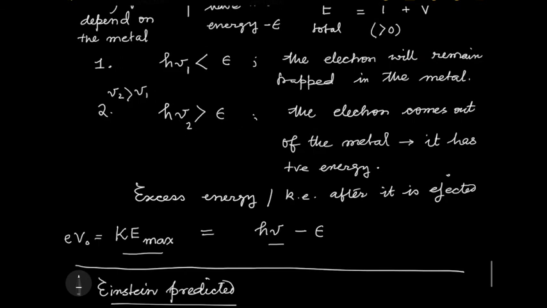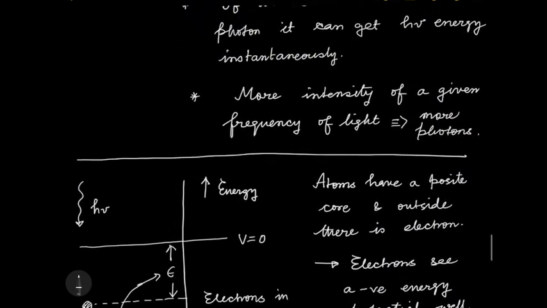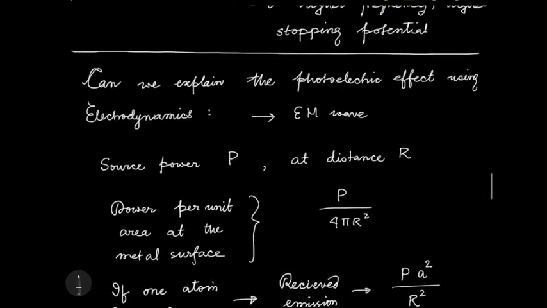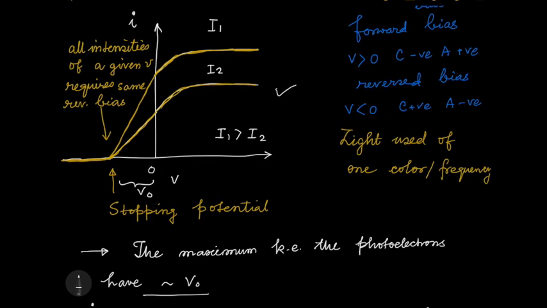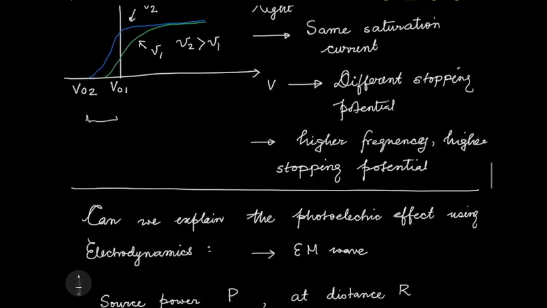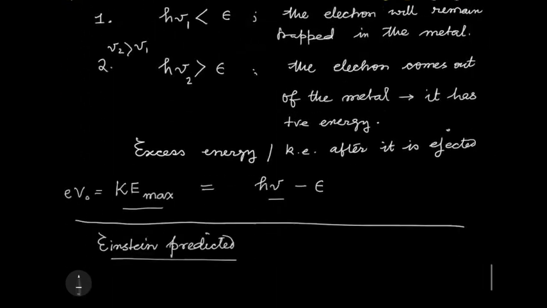You see that this EV0 only depends on nu, it doesn't depend on how many photons. Because of that, it will not depend on the intensity of the light, as we have seen here, right? So all these were explained.